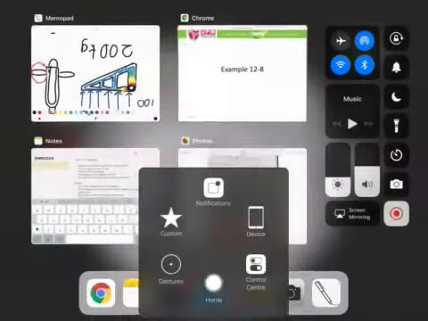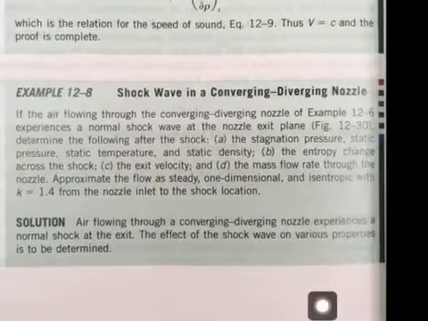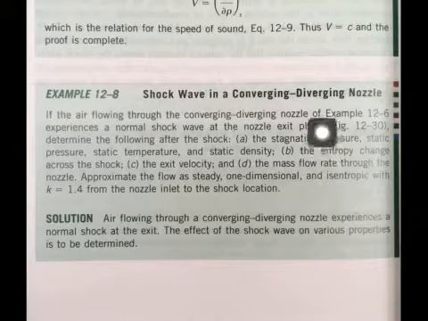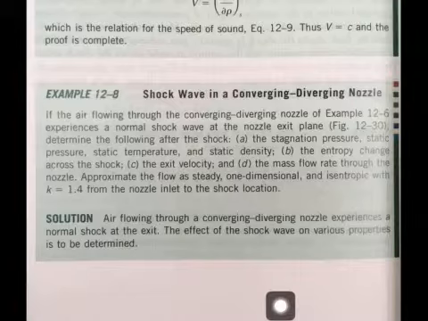Okay, now we go to the example. This is the example that we want to learn, example 12.8. Actually this example is related to example 12.6, but never mind. Let's read it.